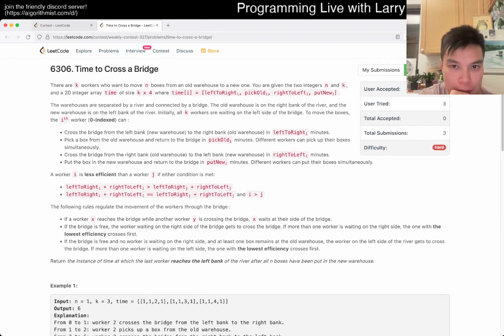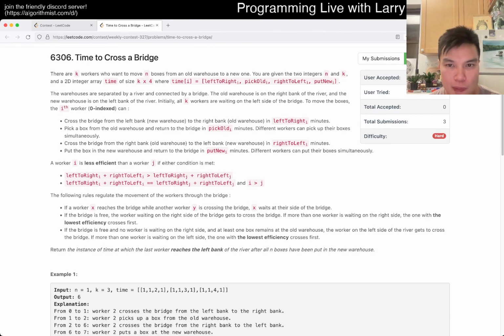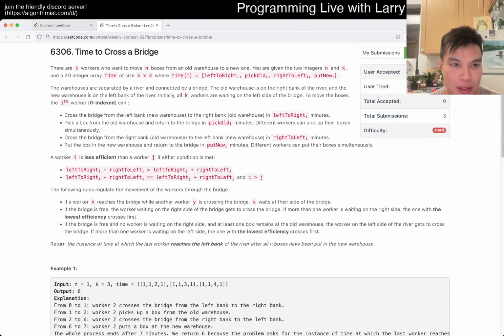And boxes from, okay. And K. K people and boxes, okay. This is so much reading. Left to right, okay.